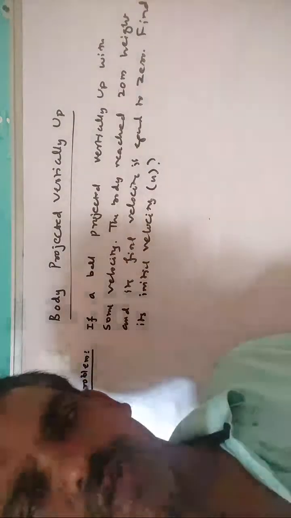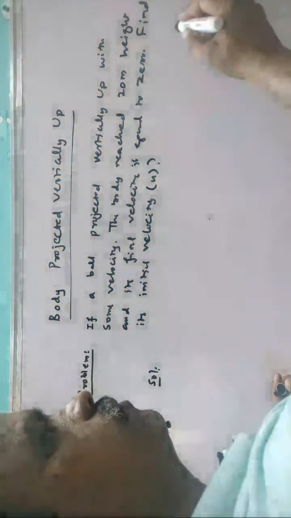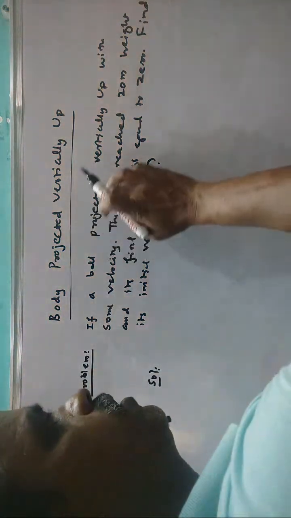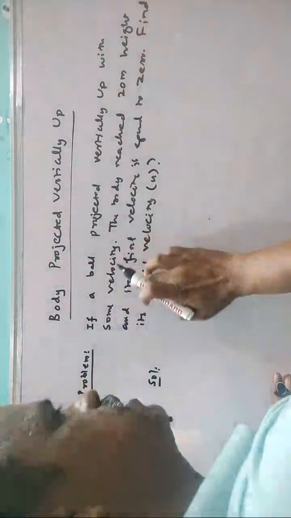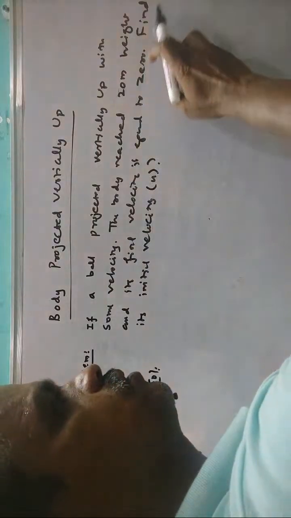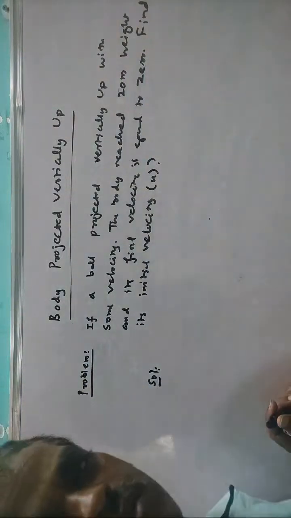Read the question first. So what happens here? If a body is projected vertically up with some velocity, the body reaches 20 meter height and its final velocity is equal to 0. Find its initial velocity u.